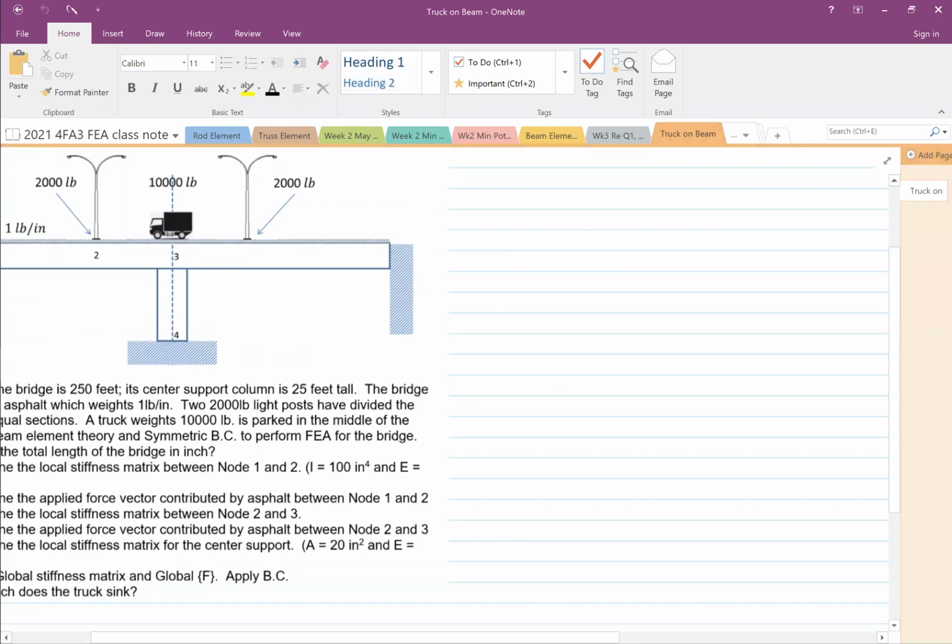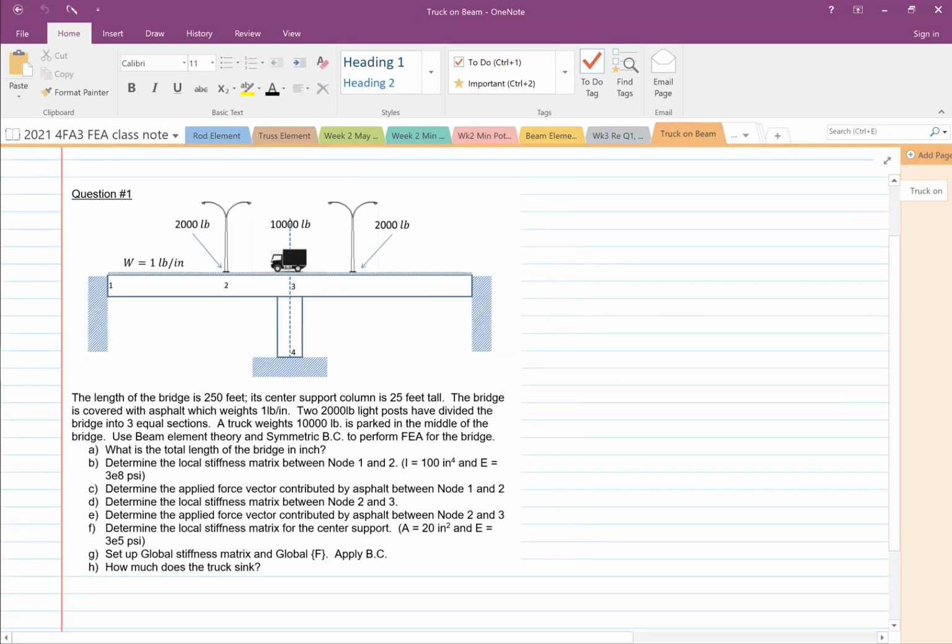This morning, I sent you another example for you to practice. This is from one of the previous midterm exams. I want you to try this one. Let's take a short break. Well, it's a break for me, but not a break for you. I will go through that at 10:30.